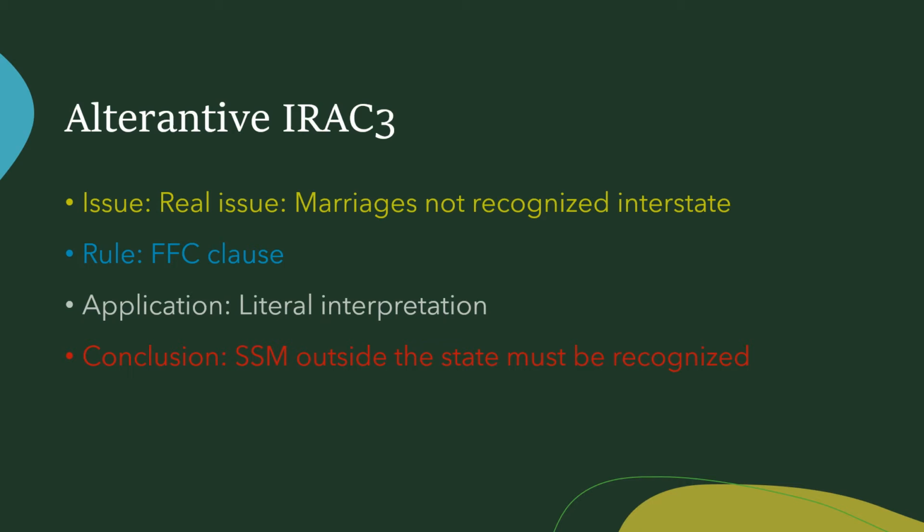It's not necessarily that same-sex marriage must be recognized everywhere, but simply that when states that have same-sex marriage choose to marry same-sex couples, that must be recognized in all states, in Tennessee, in Utah, and Nebraska, and so forth. So here we have a third potential IRAC.